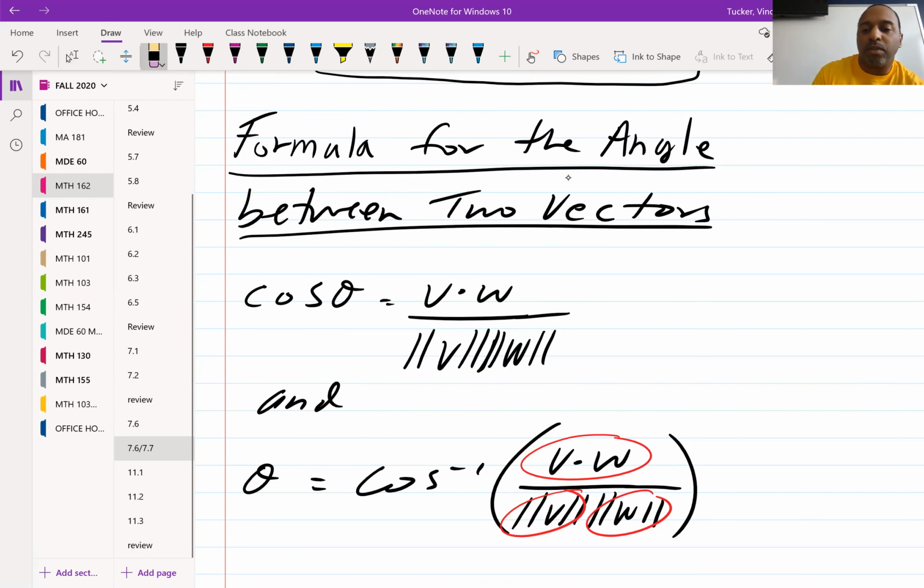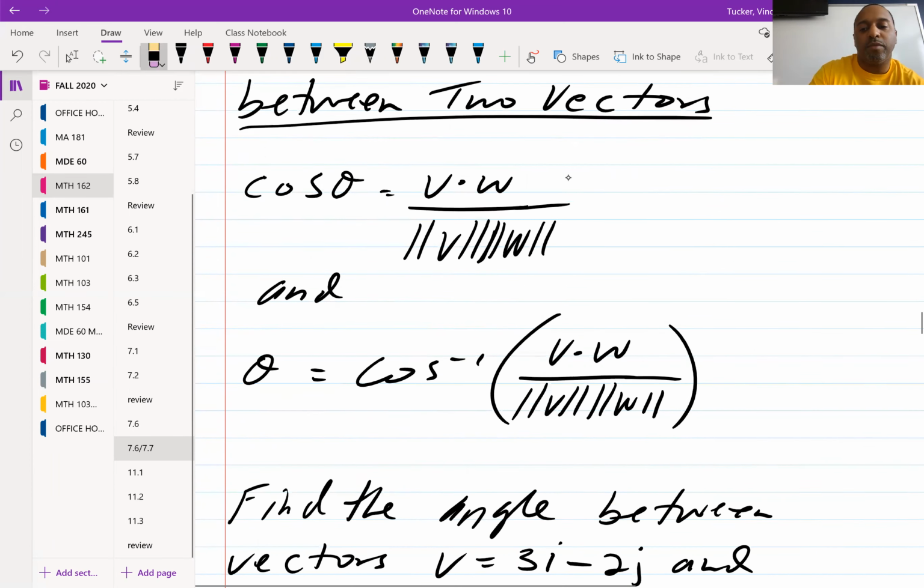I don't know why I circled these. I'm pretty sure there's a reason. All right, scrolling up, everybody good?